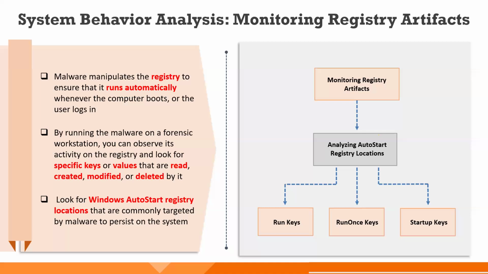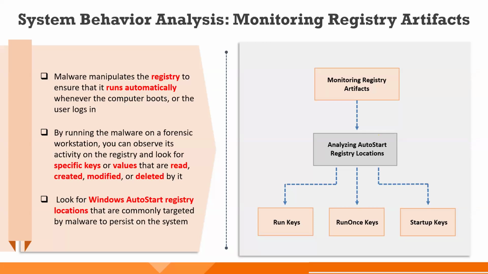In behavior monitoring, malware manipulates the registry to ensure that it runs automatically whenever the computer boots or the user logs in. By running the malware on a forensic workstation, you can observe its activity on the registry and look for specific keys or values that are read, created, modified, or deleted by the malware. So look for Windows auto-start registry locations that are commonly targeted by malware to persist on the computer system.